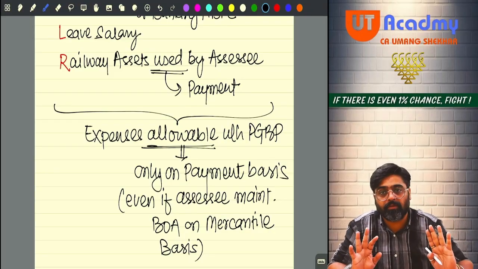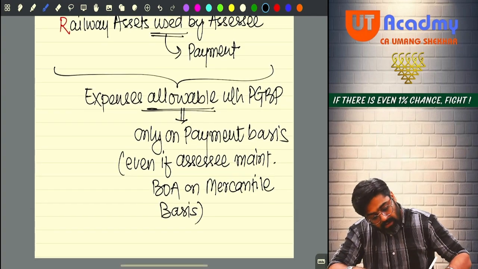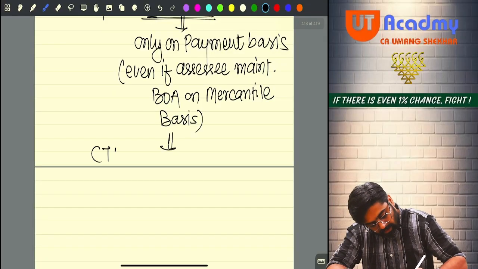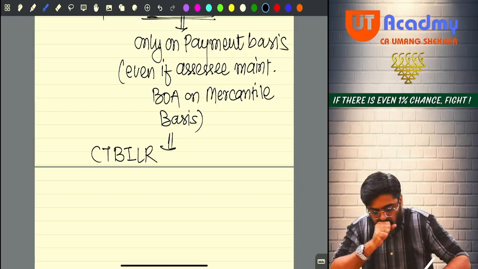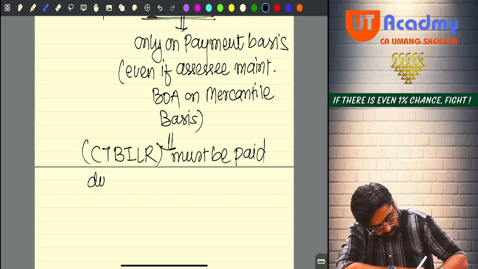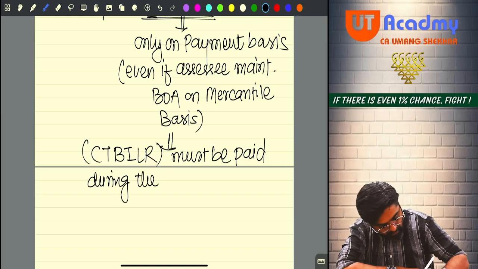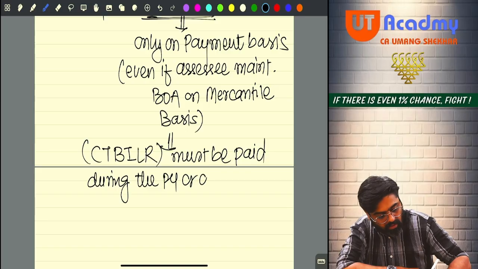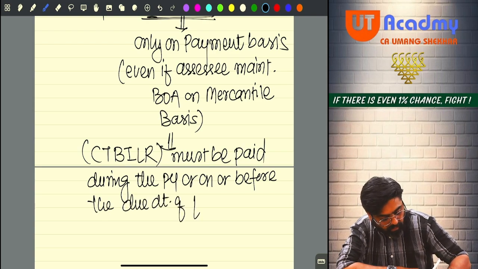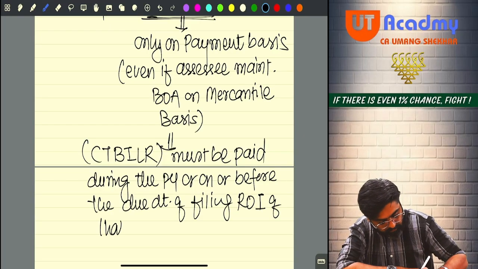They will be allowed only on payment basis, meaning that CTBILR, these expenses must be paid during the previous year itself or on or before the due date of filing ROI of that previous year.